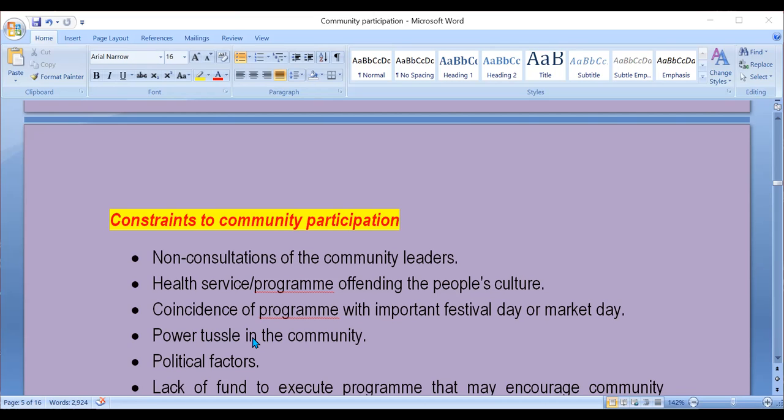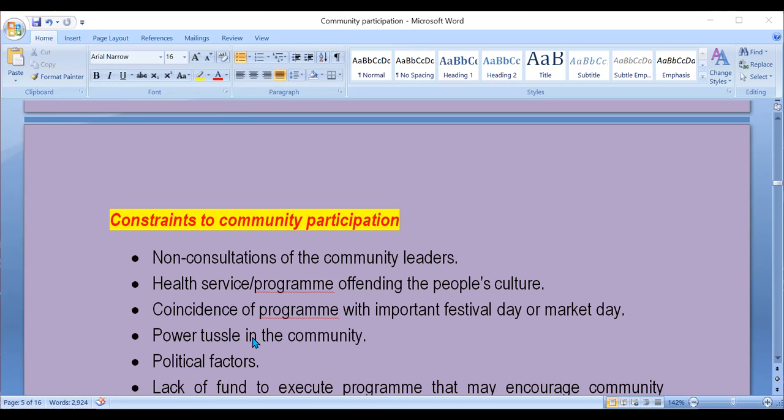Maybe you are coming to campaign, or the program came up when there is a campaign for election, and you came with the program, and you are someone that has been known to be a full fan of APC. Inside the community, members who are PDP will see that you only came for campaigning, not to win the hearts of the people, and that will be an issue. Or the leader you met is an APC member, and members who are PDP will try to show some objection. So that's political factors having effect.